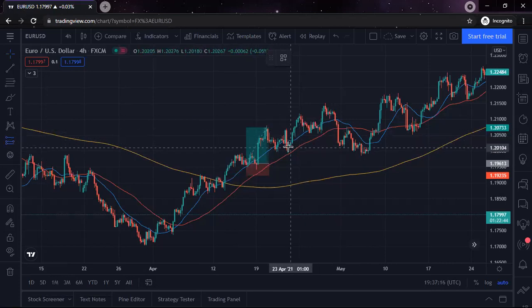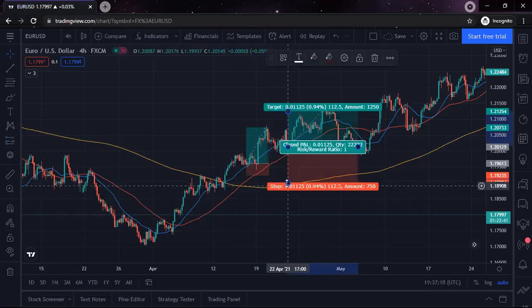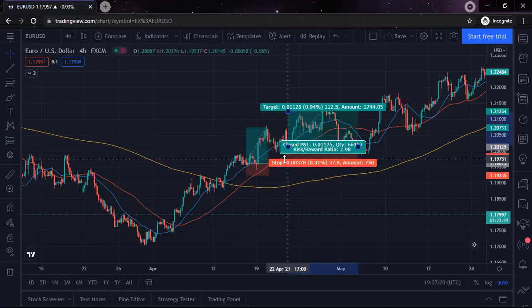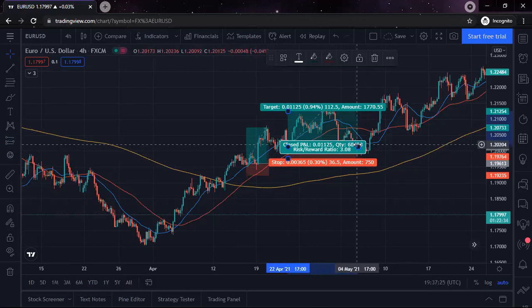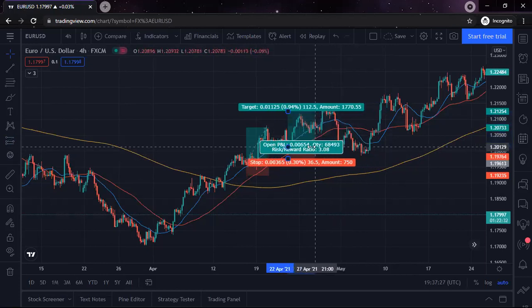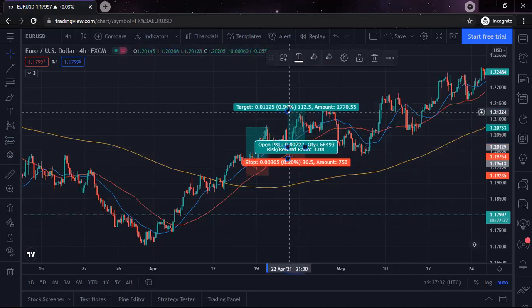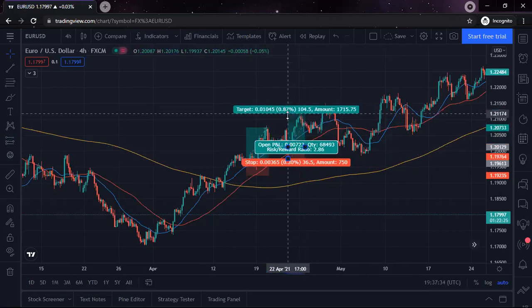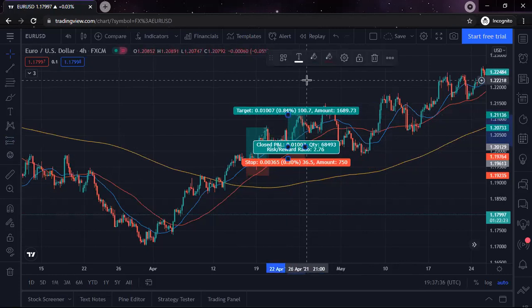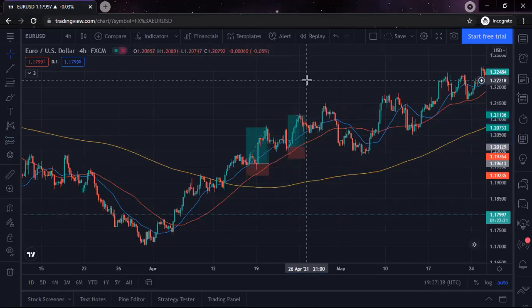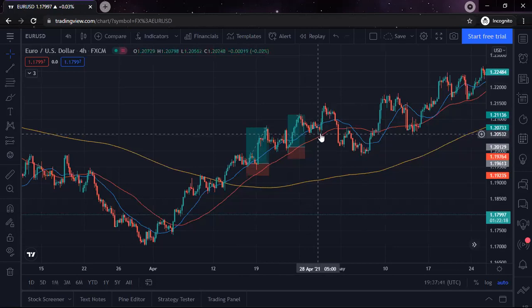Set your stop loss right here below, let's say 36 pips stop loss. Today with this we don't have much TP. We have 100, 100, 100, and then our final one is right here. We enter a trade here. See, everything is just hitting on this.